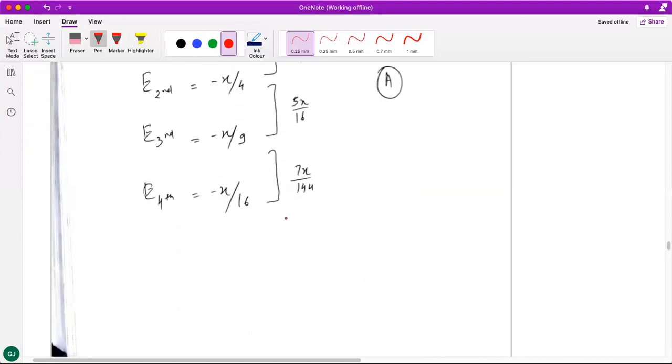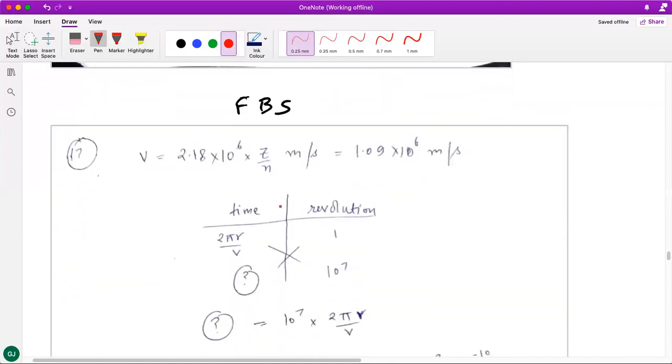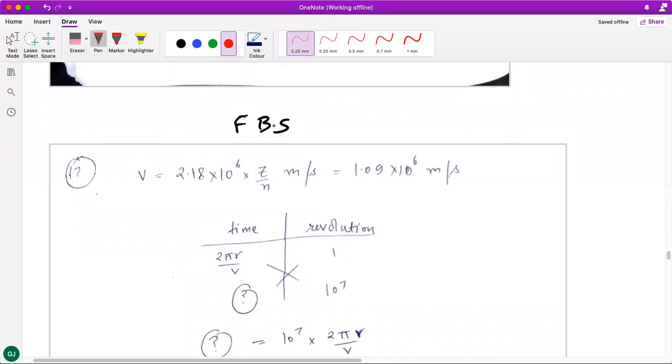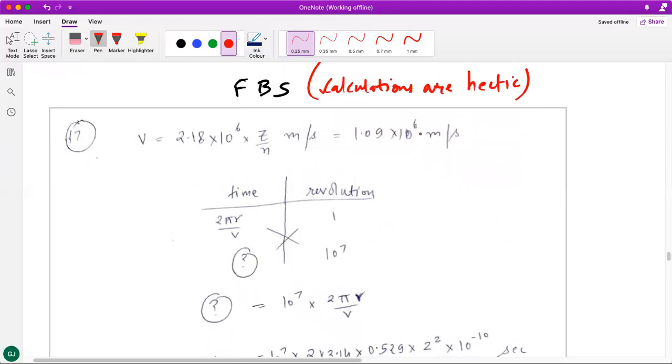So this was the FBO question section. Now let's come to the FBS section of the homework. Now in the FBS section, you know, the calculations are hectic. So this is something which I'll highlight upfront because this comes out as a common concern among students, that it took a lot of time for them to arrive at these answers without the use of calculator and all.